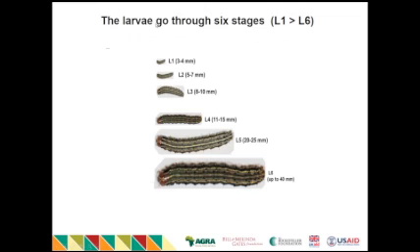So after those larvae migrate to the whorl of the plant, they start feeding there, and then they go through 6 different stages. The newly hatched larvae are very small and we hardly see them if we don't pay detailed attention. But they go from the first stage to the large larvae, which we are all familiar with, in a matter of 14 to 20 days.